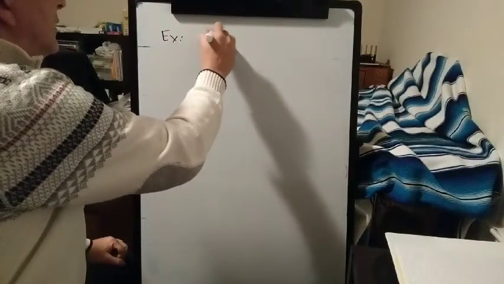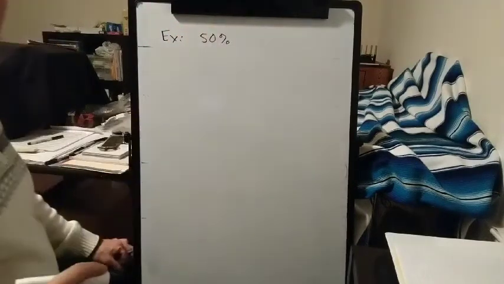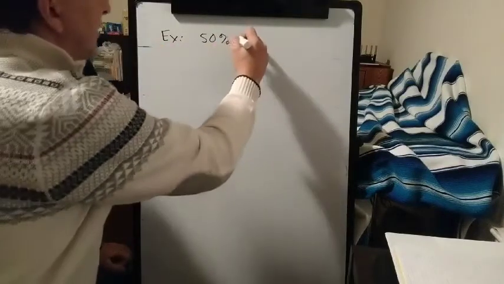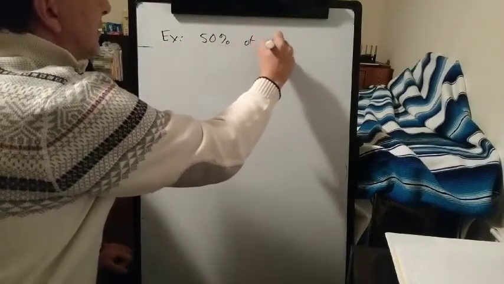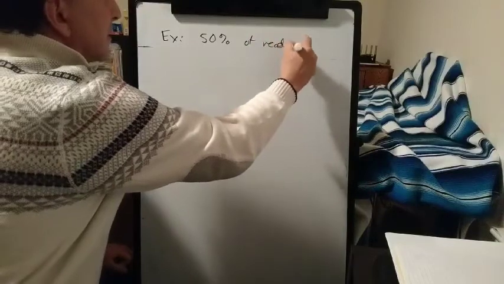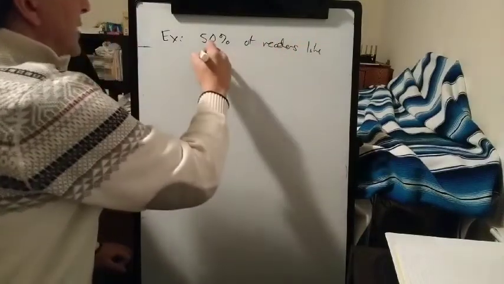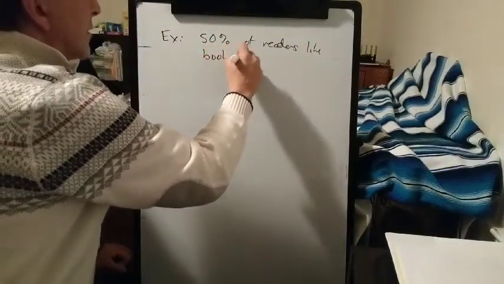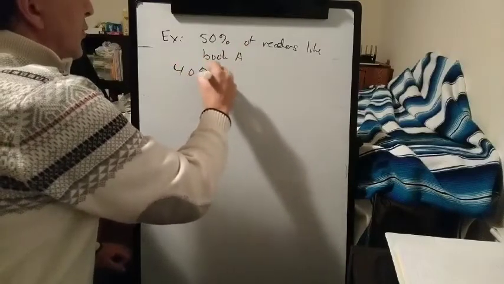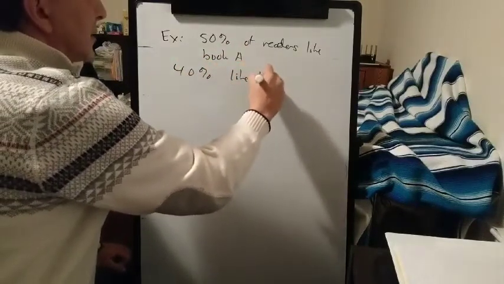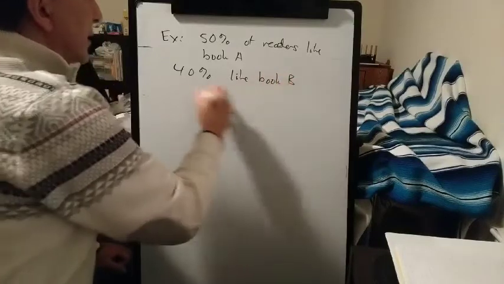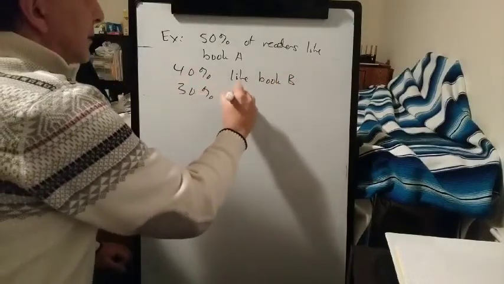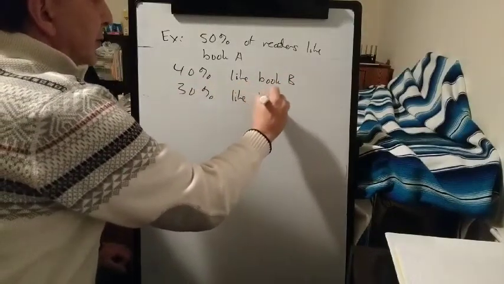So let's say we'll use a book example that we talked about in discussion. Let's say 50% of readers like book A, 40% like book B, and 30% like both.